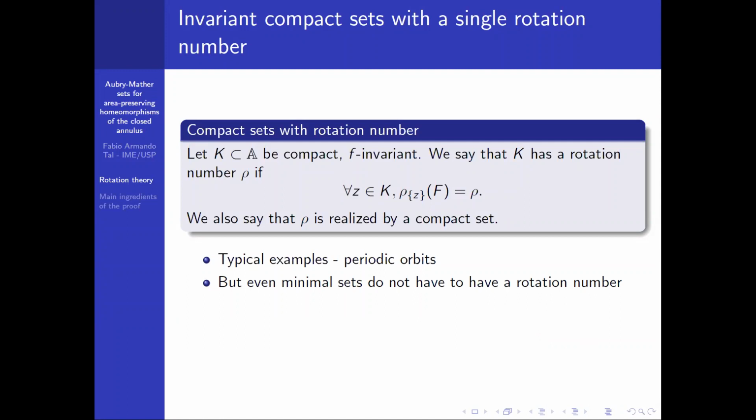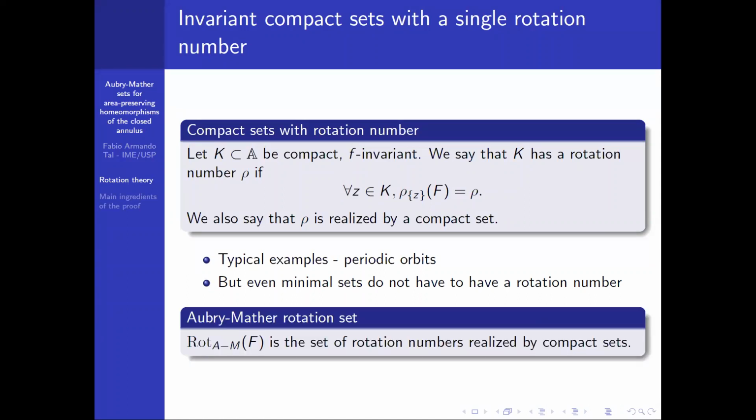It's not clear that you're going to have a single rotation number for a minimal set. You have examples where you have minimal sets that do not have a rotation number. And then I'll define this as the Aubry-Mather rotation set because of the similarities with the Aubry-Mather theory of twist maps. It's the set of rotation numbers that are realized by a compact set.